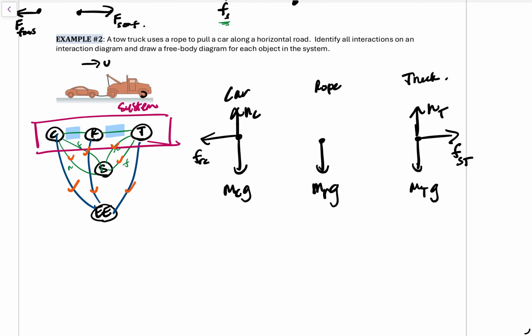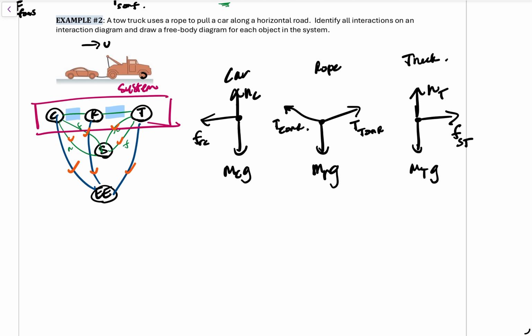This is going to be a tension force, right? So that force here needs to be a tension of the truck on the rope, and here, a tension of the car on the rope on this side. If we do this, then we do have that little bit of an upward component of those tensions that can balance out that gravitational force.